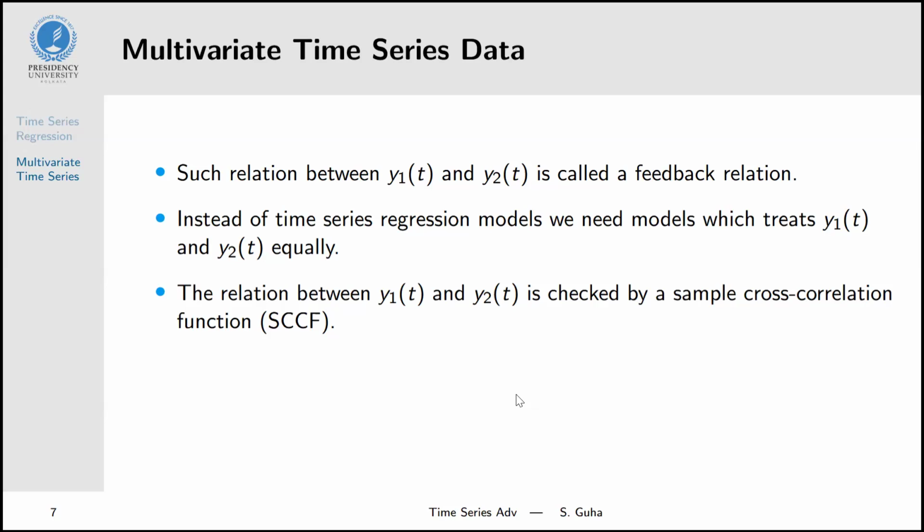In that case, the first thing that we often do is some kind of exploratory study, and we check the relationship between y1 and y2 by something like the sample autocorrelation function. I hope you can recall that there was something called the sample autocorrelation function, which checks how much the y1 variable is dependent on its future.